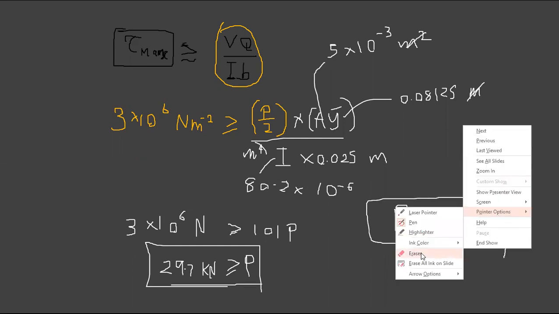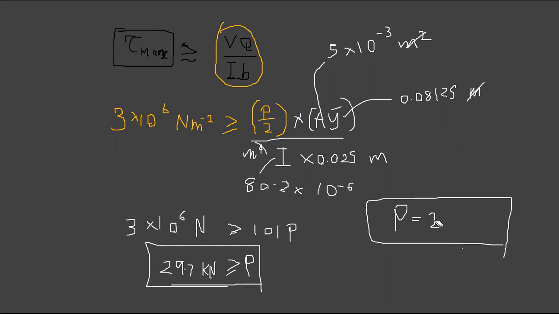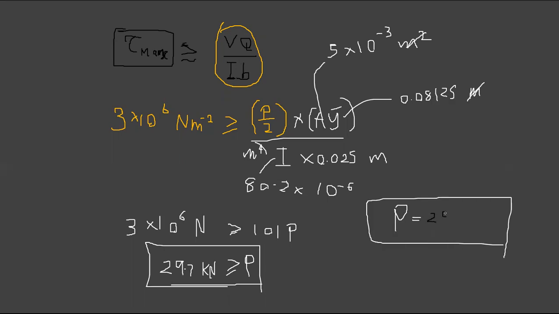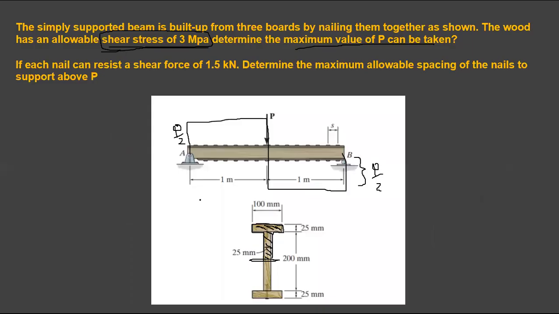Okay, I think my kilonewton is not visible. Okay, now great. So then it's okay, right? So that is the maximum value P can take.